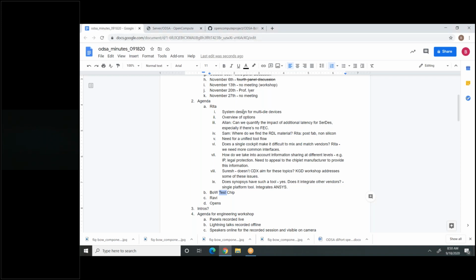There are a lot of people contributing a lot of stuff. So we're beginning planning for a Bow test chip. Our goal is to get to a meaningful design or a meaningful program proposal by the end of Q4. So Suresh is beginning planning for that.